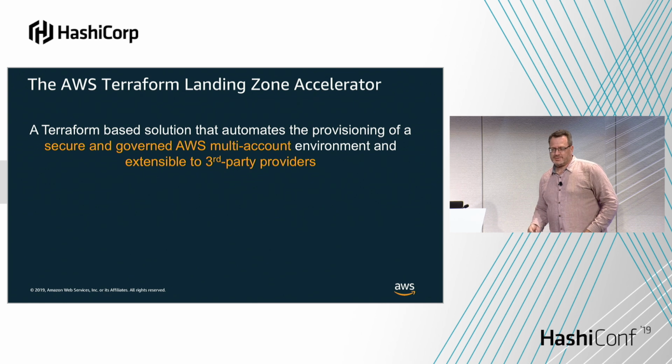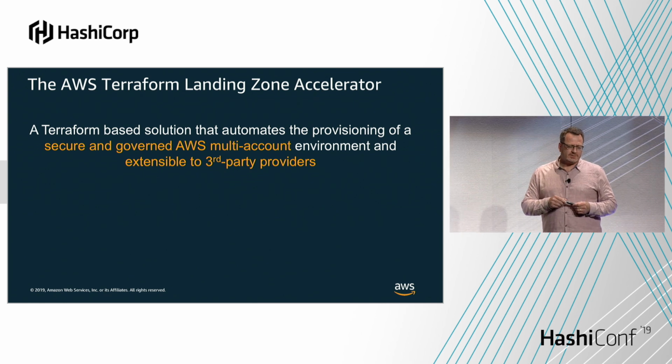So it is a Terraform-based solution that automates the provisioning of a secure and governed AWS multi-account environment and extendable to third parties. And that's the key thing that we wanted to see on that. So we've actually already have some, and we'll talk about a couple of them, where we've even implemented in the first iteration here some third-party extensions on that one.